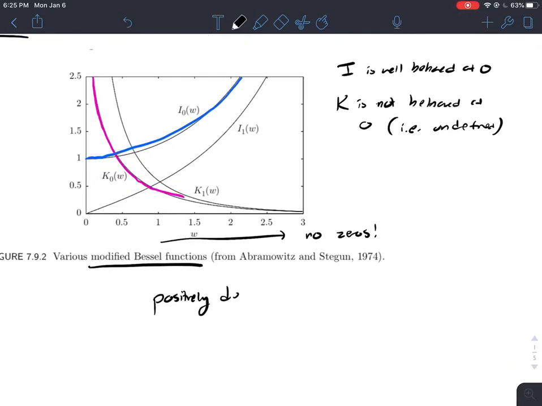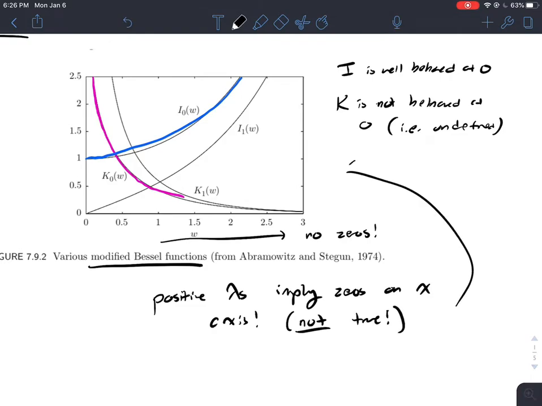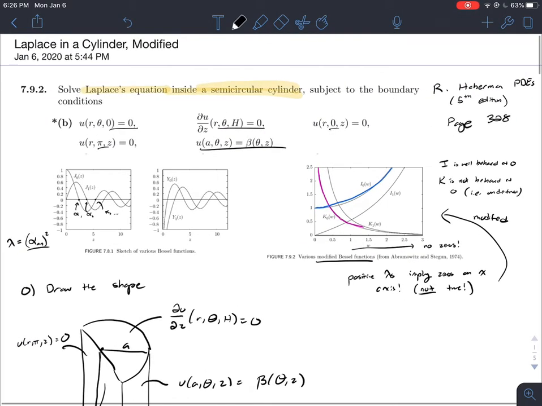So positive lambdas imply zeros on the x-axis. Not true, right? Especially for modified, only for modified.